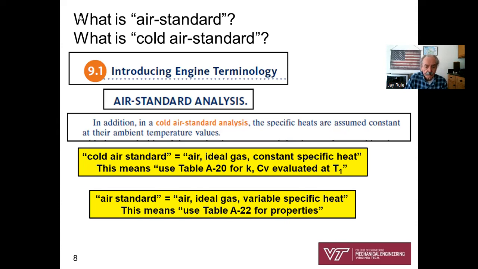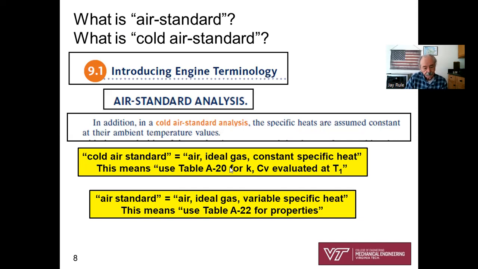Some of your homework problems, you're going to see the jargon cold air standard. That means something slightly different. And I've taken a screenshot out of your book under section 9.1, would like you to read the book. So here's what cold air standard means. It means treat the air as an ideal gas, but treat the specific heat as a constant value, a constant number.